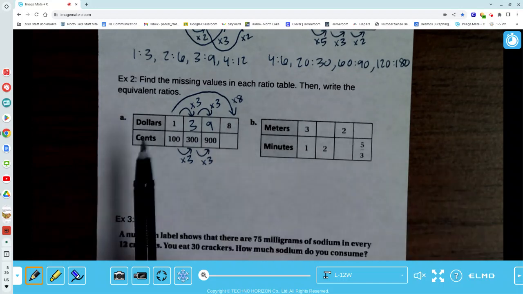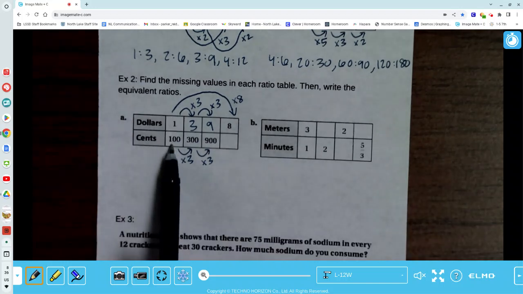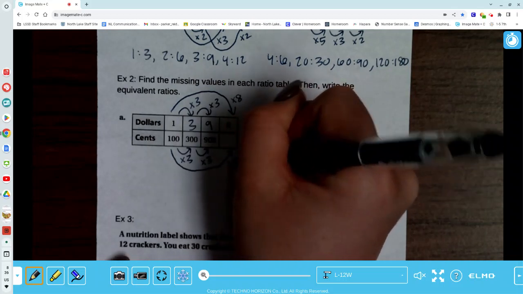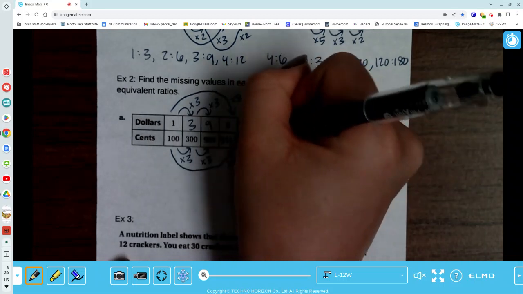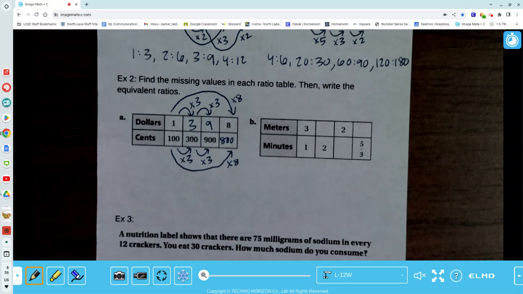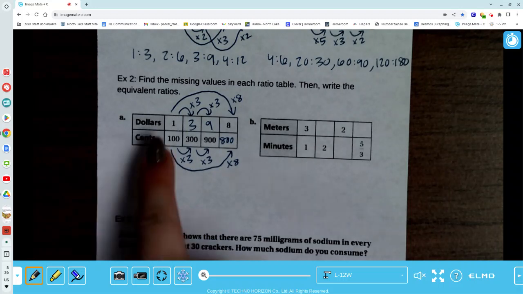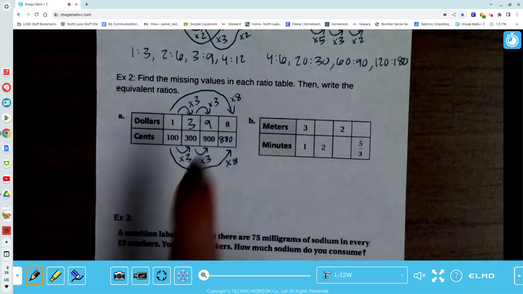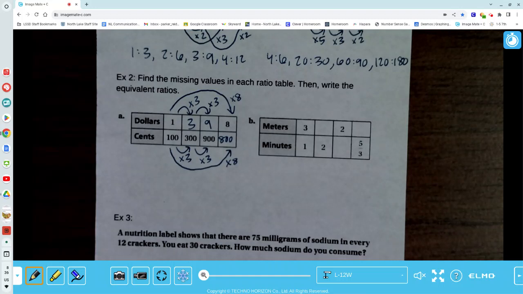Because if I started at the 1 on the top, I need to start at whatever is underneath that on the bottom. That's the most common mistake students make, is they find a way to get from one number on the top to another number, but they don't start at the same place on the bottom. Because I started at 1 on the top to go over here, I needed to start at 100 on the bottom to go all the way over there.